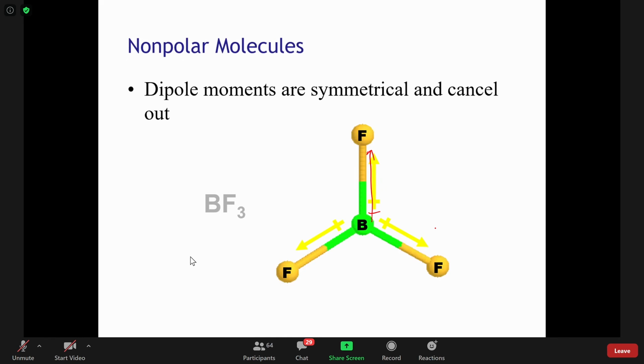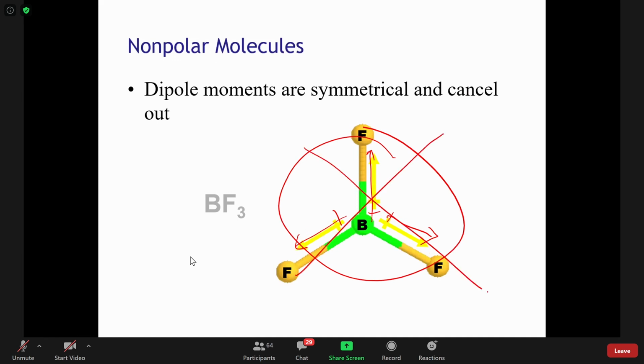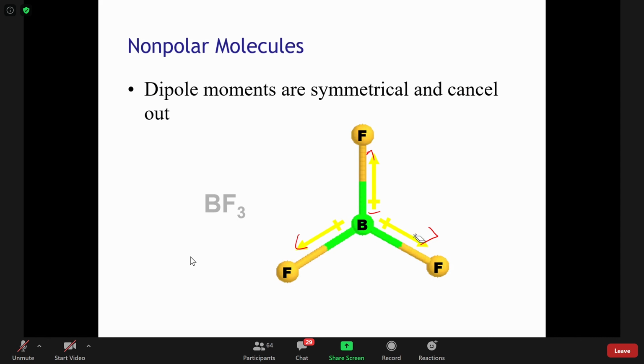These vectors cancel one another out. Notice this is a highly symmetrical molecule. So with these things pointing in three different but symmetrical orientations, in totality, if we were to sum these three vectors, they would cancel one another out to make BF3 a non-polar molecule with polar bonds.